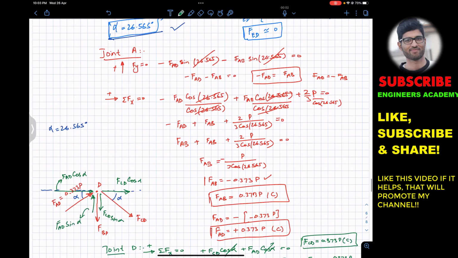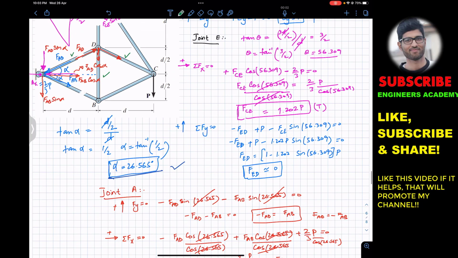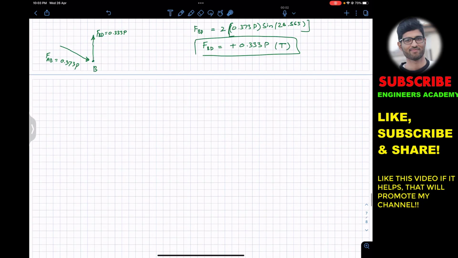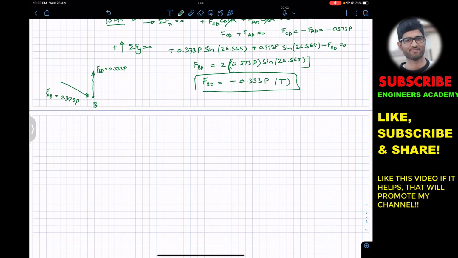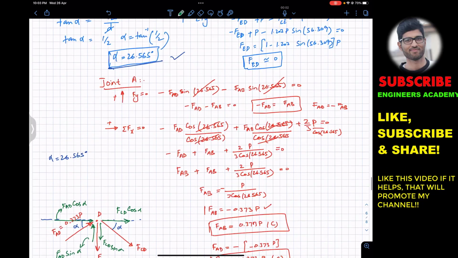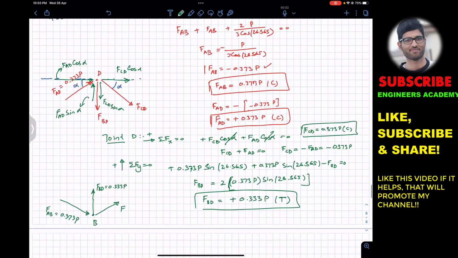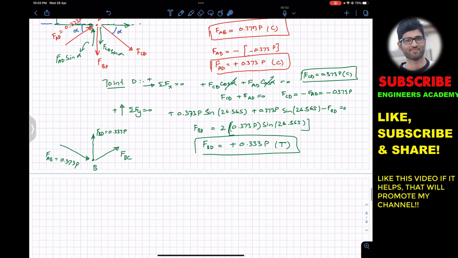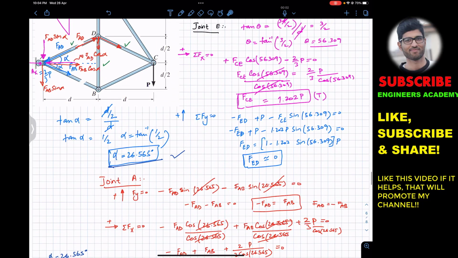And similarly at B we will have BC. So let's assume that this BC member is in tension as well. If it is in tension, the force must be acting away from joint B. So this is FBC. So the only unknown is this FBC. So now again we need to resolve this FBC. We know the angle of FAB with the horizontal, which is alpha.